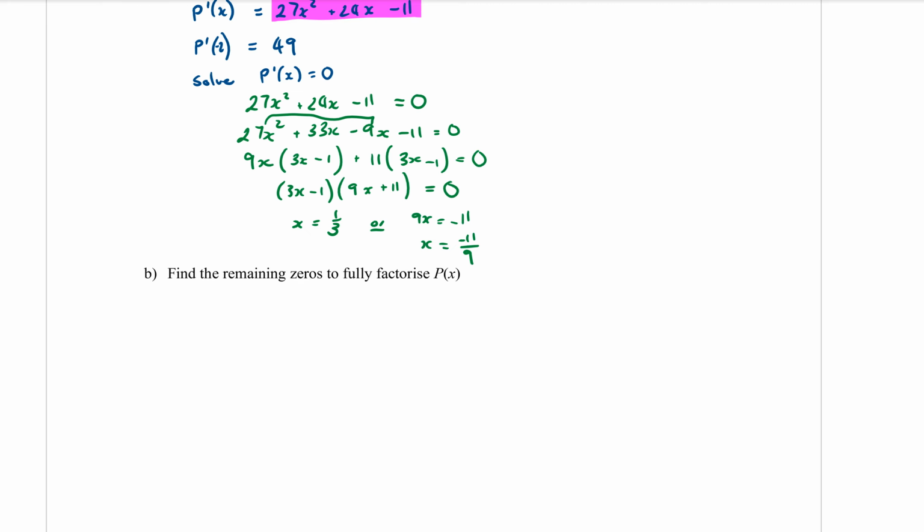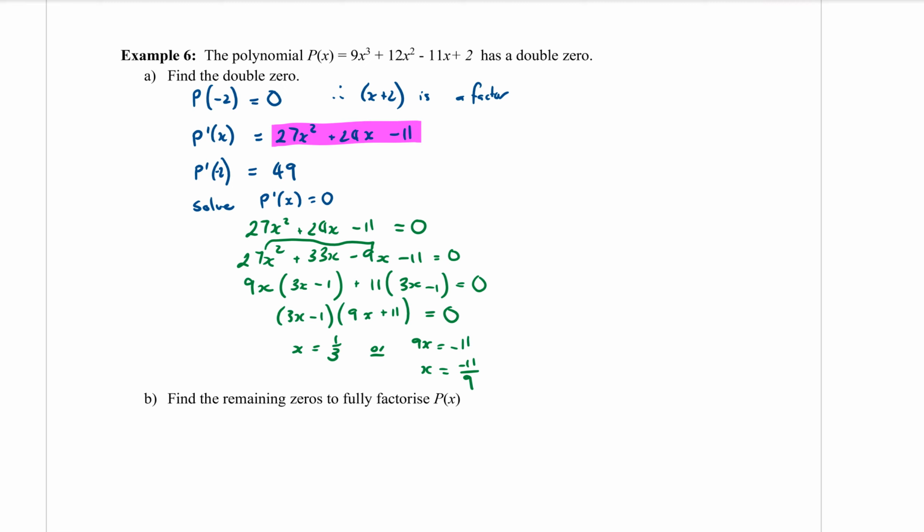Which one of those is my 0 that I'm after? Now, looking at my equation up here, knowing that there's a 9 there, and knowing this is a double, then having a 3 in my solution, 3 squared is going to make a 9. So it's most likely going to be this one here. But let's check.